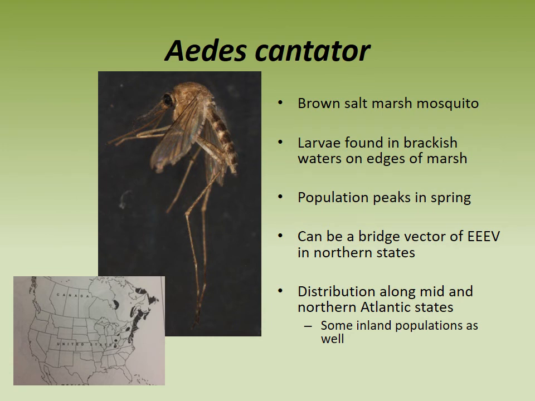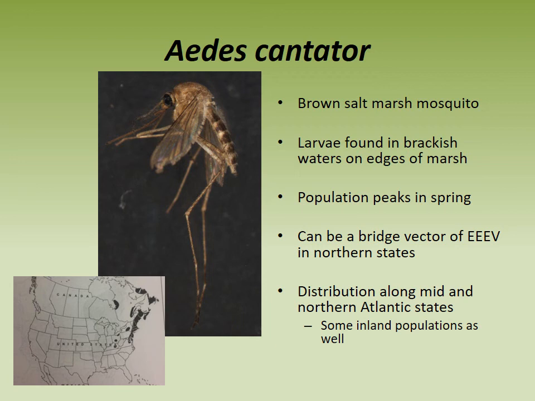Aedes cantator, the brown salt marsh mosquito. This species can look very similar to Aedes vexans, and we'll go over some of the characteristics to differentiate. Their larvae can live in brackish areas where brackish water floods up onto the sides of the waterway, these little banks of the waterway.